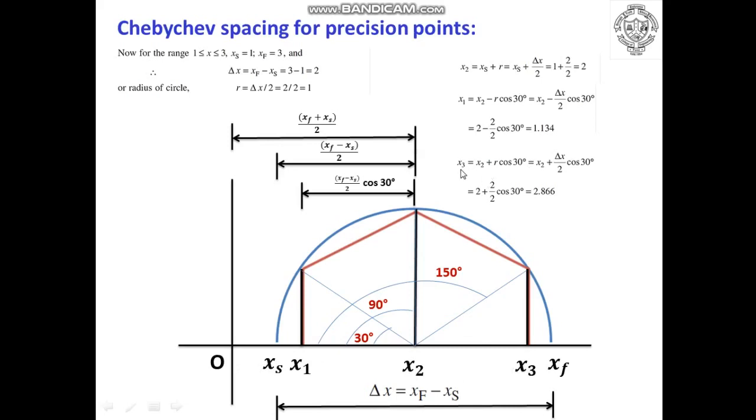So we will write the formula as x3 is equal to x2 plus r cos 30, which is nothing but x2 plus del x divided by 2 cos 30. So we will put the value x2 is equal to 2, and r, or we can consider this as del x divided by 2, that is 2 by 2 into cos 30, we get the answer as 2.866.